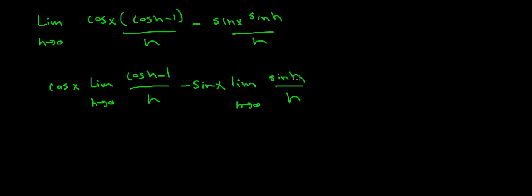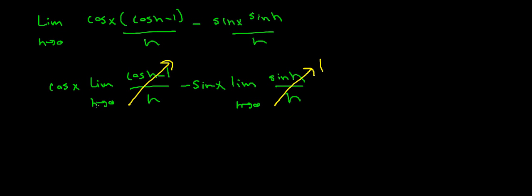So you see what I mean about running into the same problem. I have again got cosine h minus 1 over h, and I have a sine h over h. But fortunately, I already solved this. I know that this goes to 1 and this goes to 0.